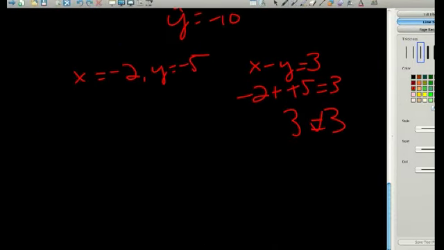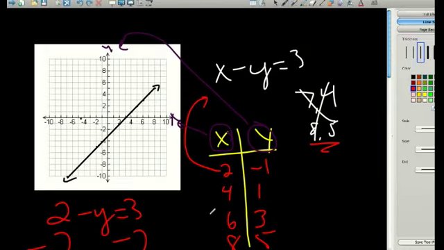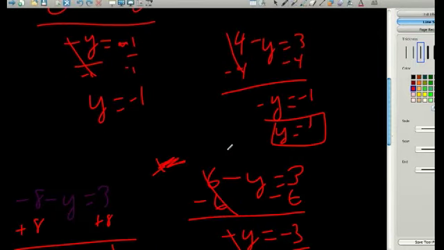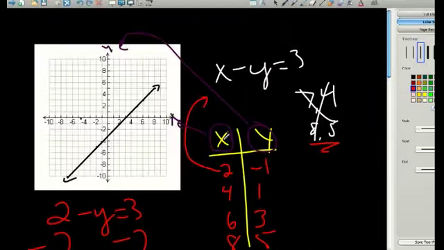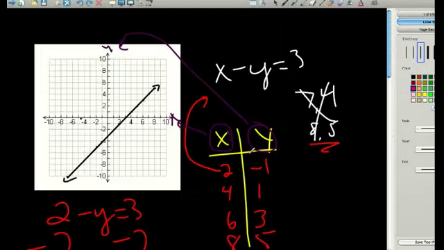Let's try that. x equals 0, y equals -3. So x minus y equals 3: 0 minus -3 should equal 3. Well, plus 3, so 3 equals 3. As you can see, by graphing this equation, we can find an infinite number of points based on just a couple of points. Now let's clear all this.